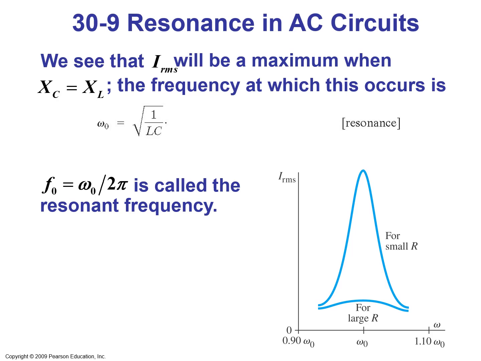Here we have a graph of IRMS with respect to different frequencies for two values of resistance, small r and larger R. You can see it becomes larger for smaller values of resistance, and we have smaller IRMS values for larger resistances.